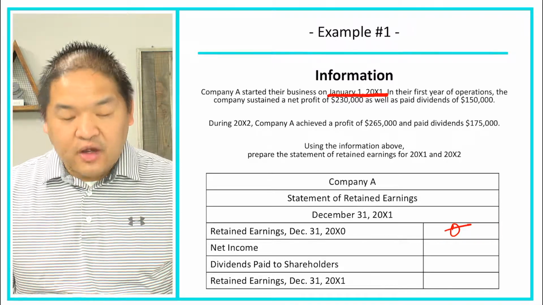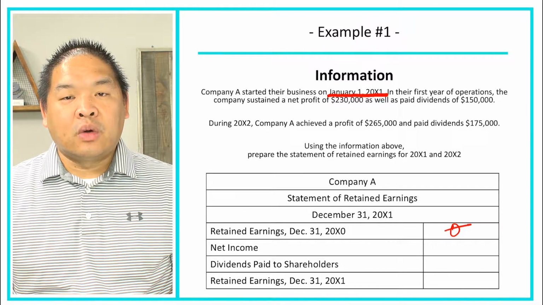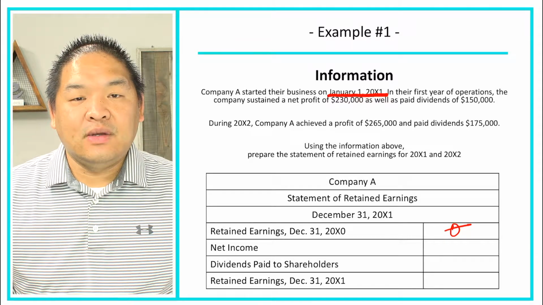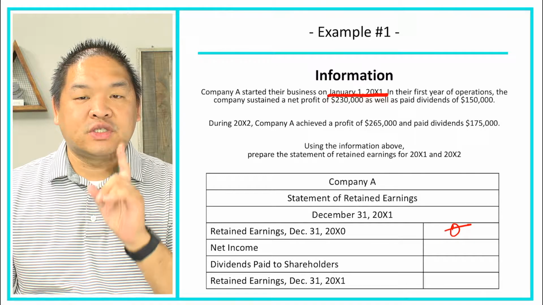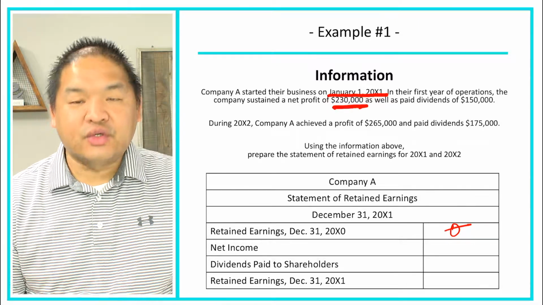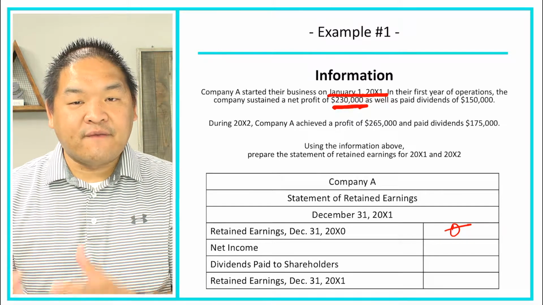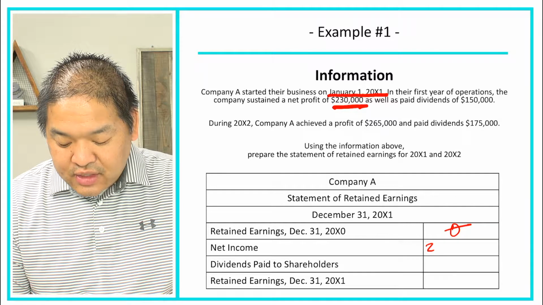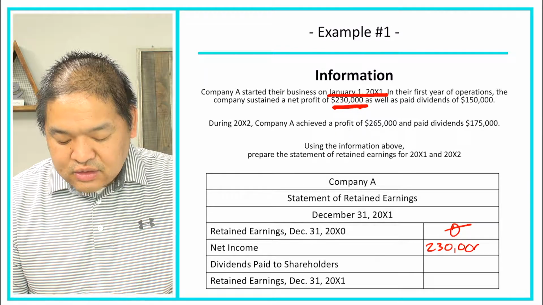All right. So moving on, it's asking what is net income? We're doing this for year X1, and so we want to see what the earnings were for that first year. If we notice, we've got net profits of $230,000. So that first net income number that we have for the year is $230,000.